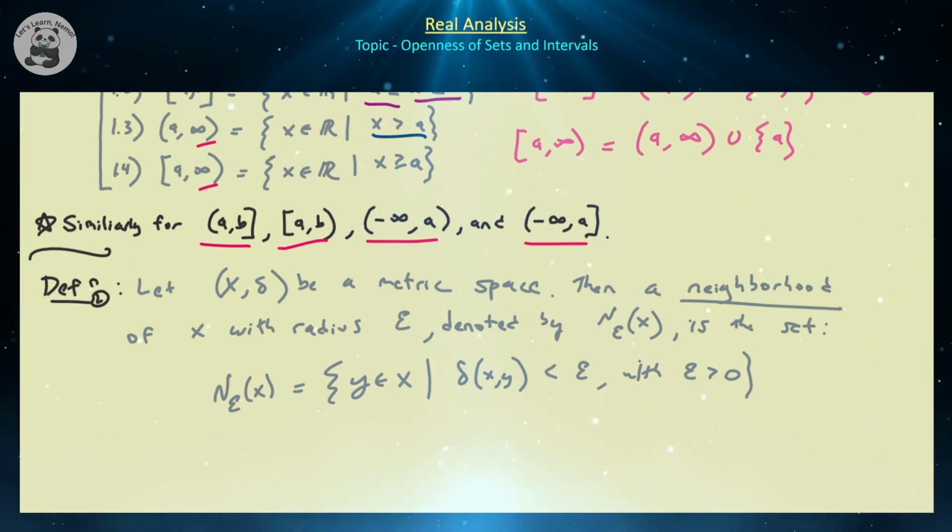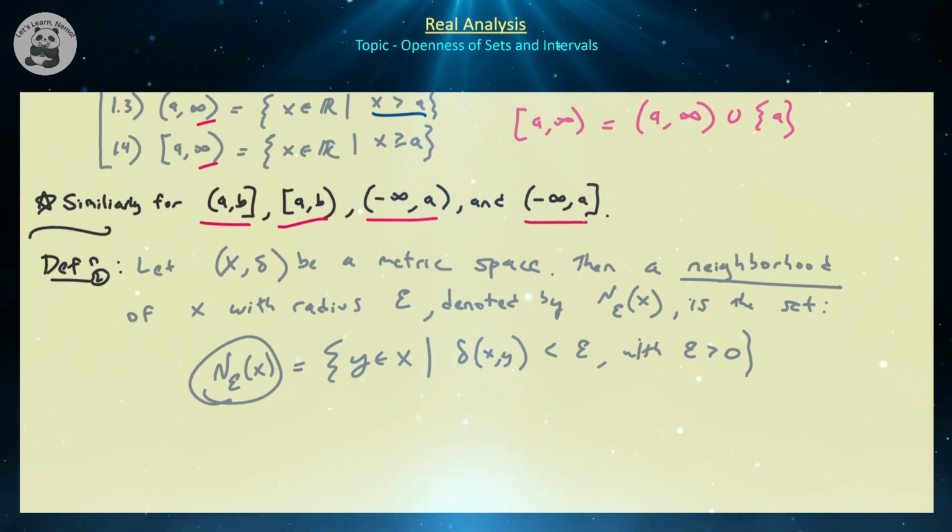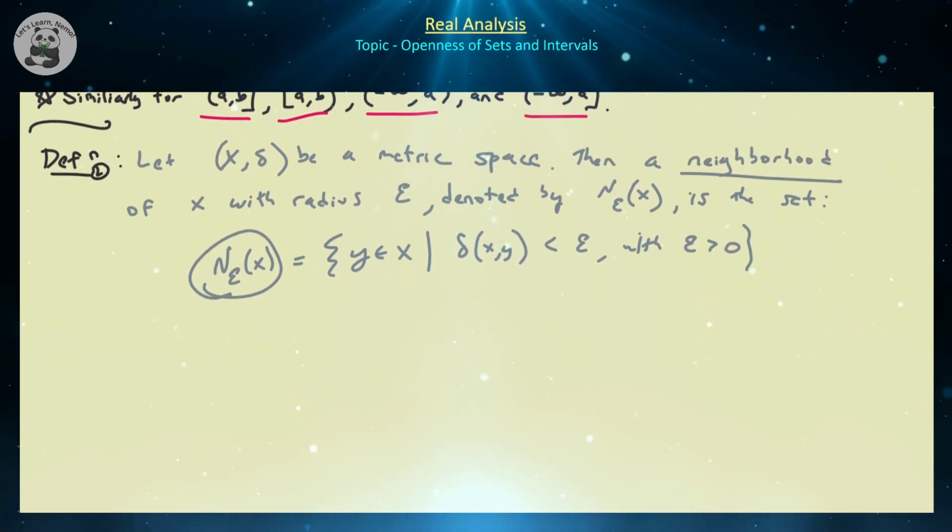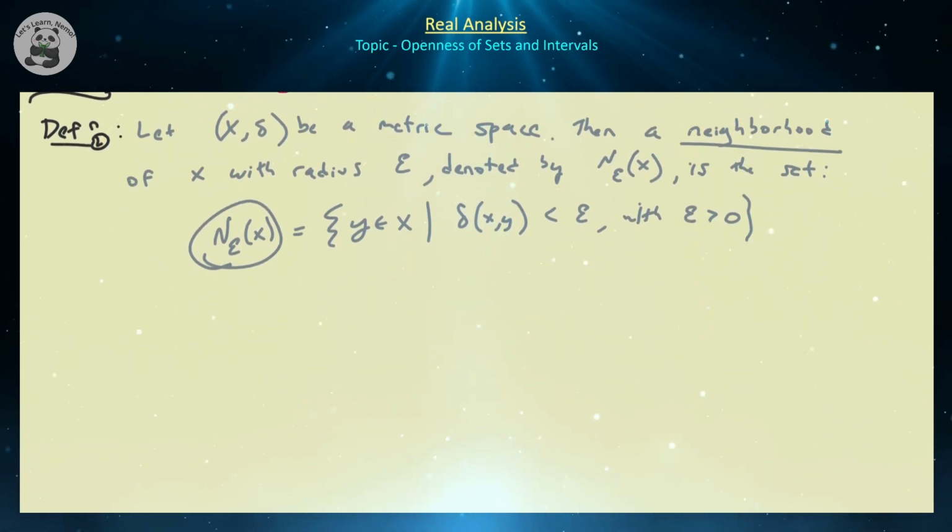So you can in some sense view the neighborhood of a point x in the set of real numbers as the set of all points that are arbitrarily close to it, where the distance between the points and x is an arbitrary number called epsilon, i.e. the radius. All right. Now, before we get into a couple of examples, I just want to mention something that we proved earlier in the series.